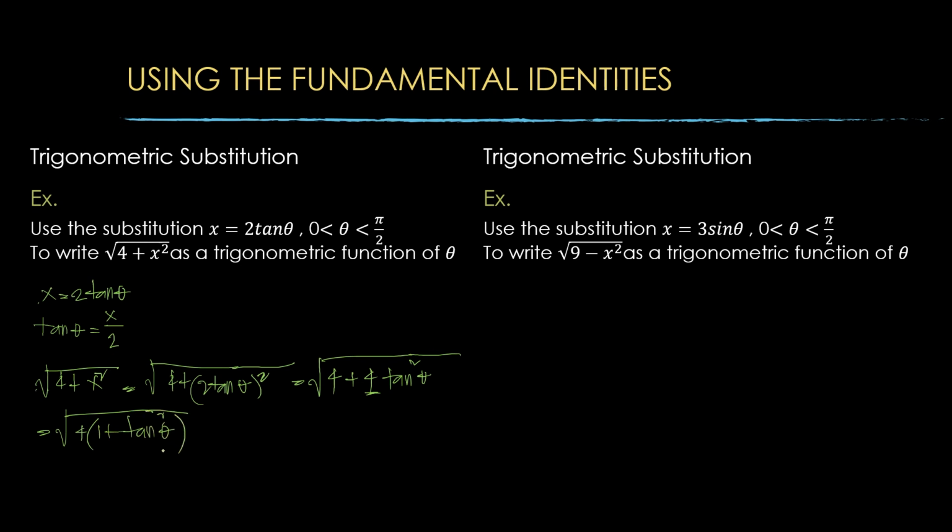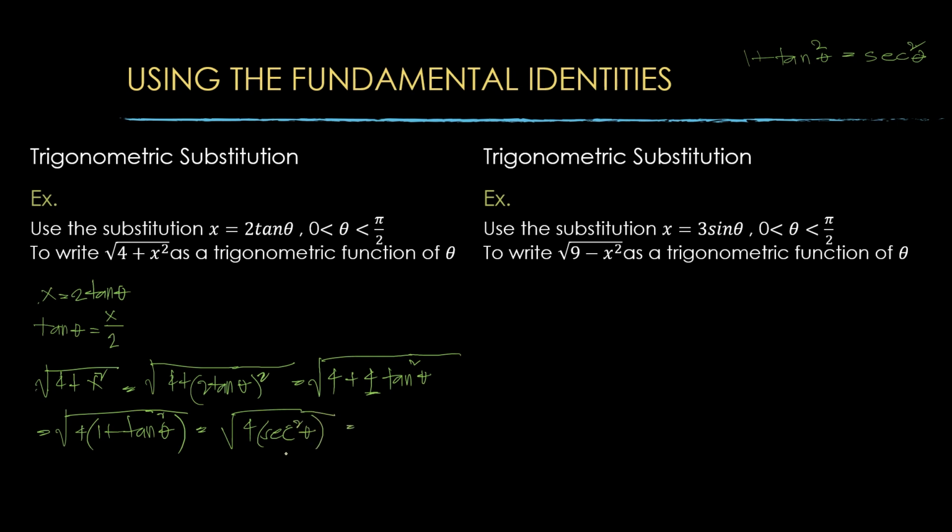What is 1 plus tangent theta squared equal to? Secant squared, right? So therefore, this expression is equal to 4 times secant theta squared.